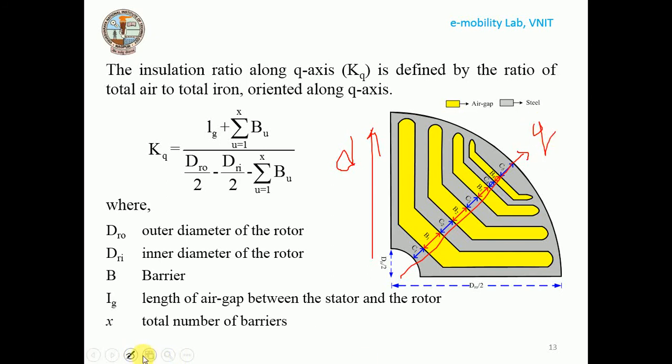So the total air oriented along the Q axis divided by the total iron oriented along the Q axis.